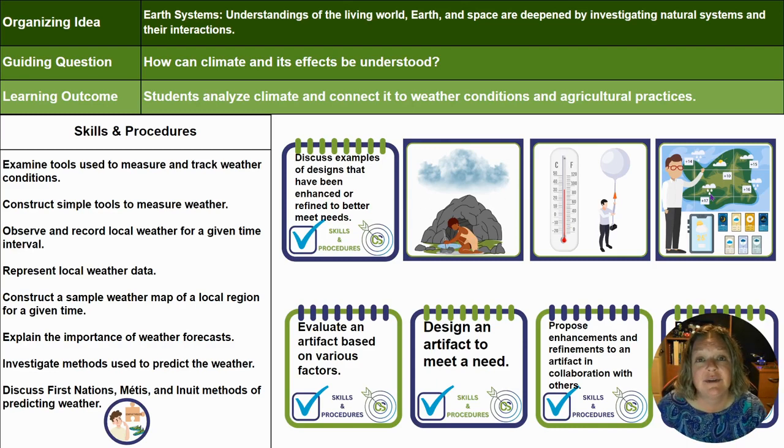And now with technology and the complicated computer systems and the satellites and everything that they have, we are able to get information about weather far out in advance, and they're able to warn us about weather events that are coming. So we can be talking about weather tracking and the advances in the history, and we're covering these computer science skills while we're also doing that.